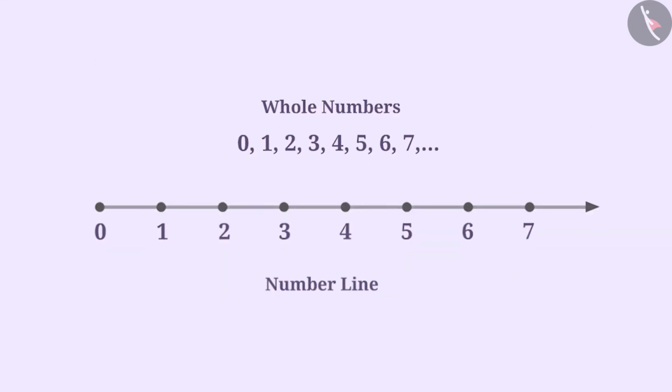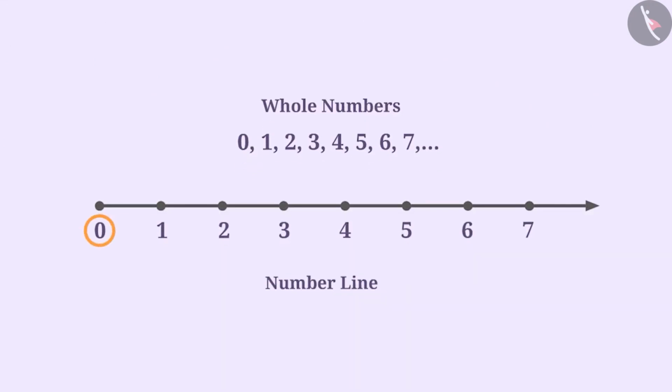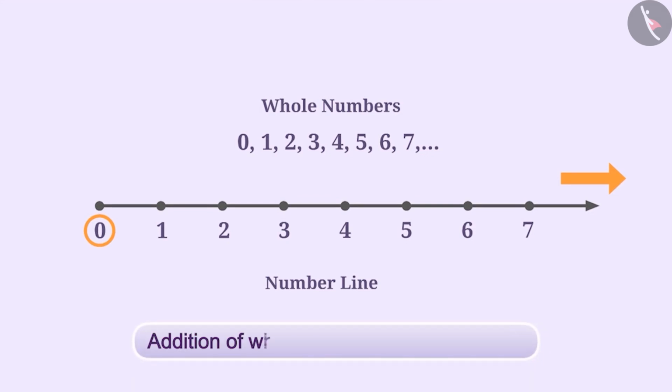The number line of whole numbers starts at 0 and goes to infinity. Let us learn how the sum of whole numbers is represented on the number line.